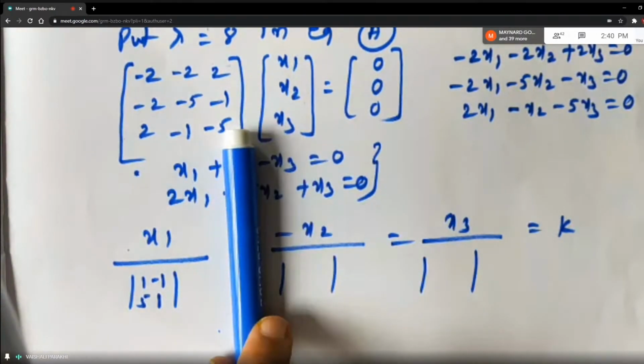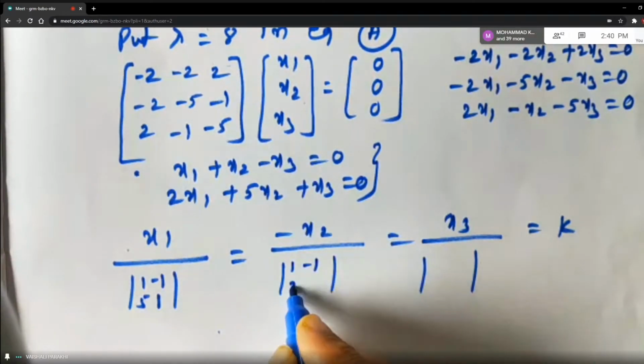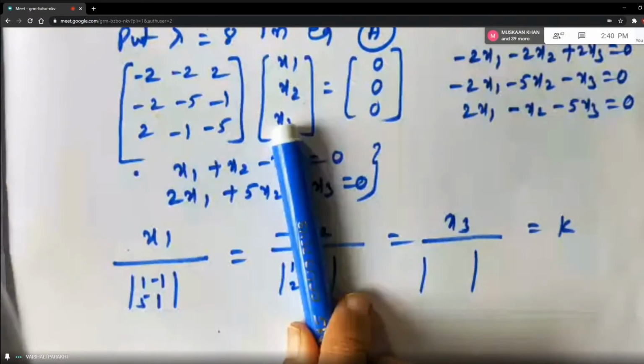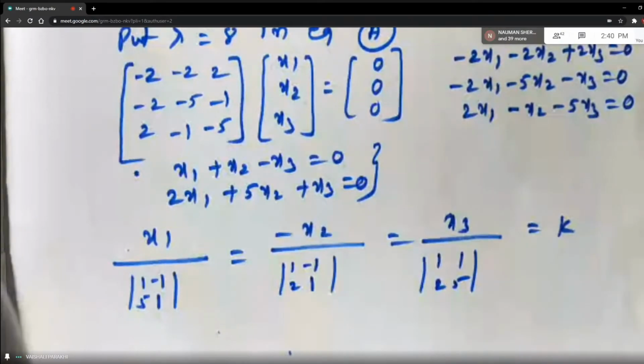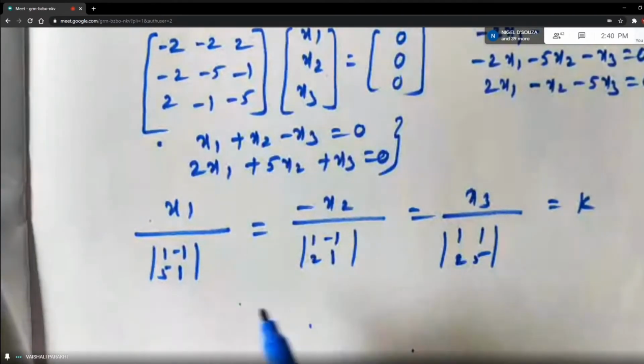Then hide middle column 1, minus 1, 2, 1. Then hide x3 column and coefficients 1, 1, 2, 5. Correct? So I am doing the same thing which we did in yesterday's class.